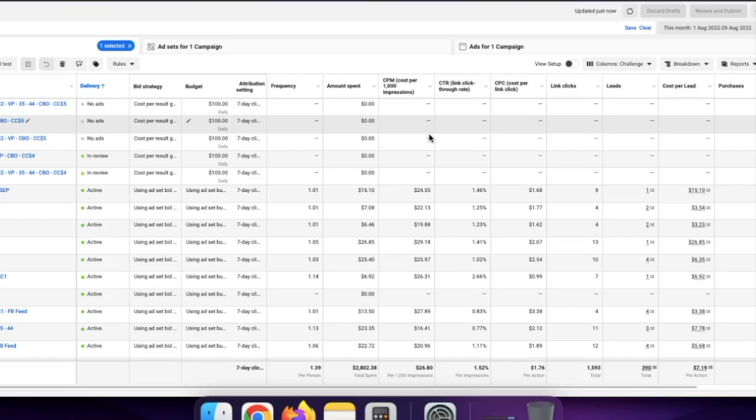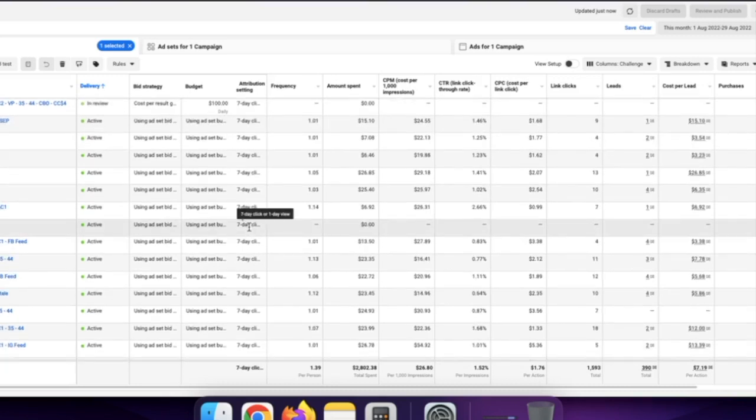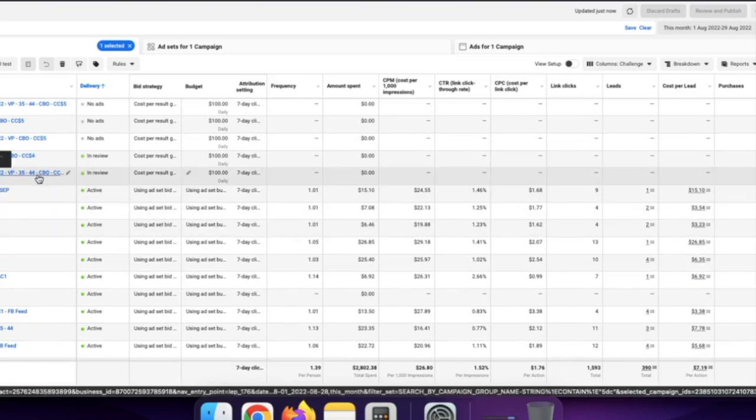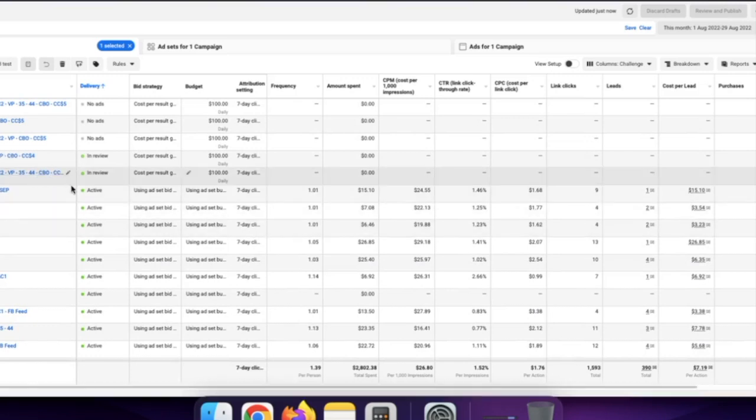So basically, the way I decide the cost cap price, I'm trying to show you an example. So this one, I've put it as $4.